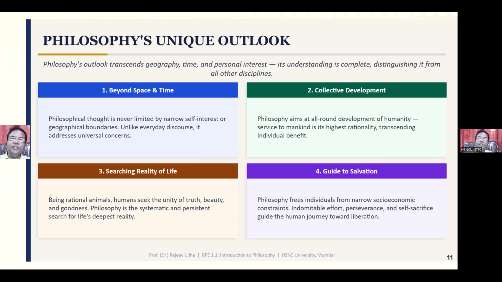Third, searching the reality of life. In Kathak, the classical dance of the north of India, the narratives drawn from Bhagavad Puran are not mere entertainments. They are philosophical explorations of dharma, love, devotion, and illusion through the medium of movement and rhythm.